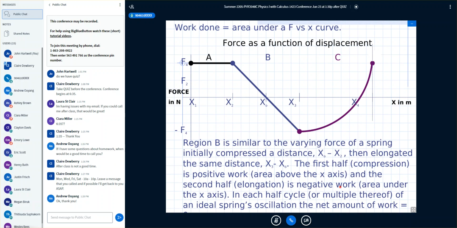Why do I know the acceleration in region B is not constant? Ladies and gentlemen, somebody got a good explanation? Or what is this graph saying? The acceleration along region B at no time has the same value. It is always different from point X sub 2 down to point X sub 3.